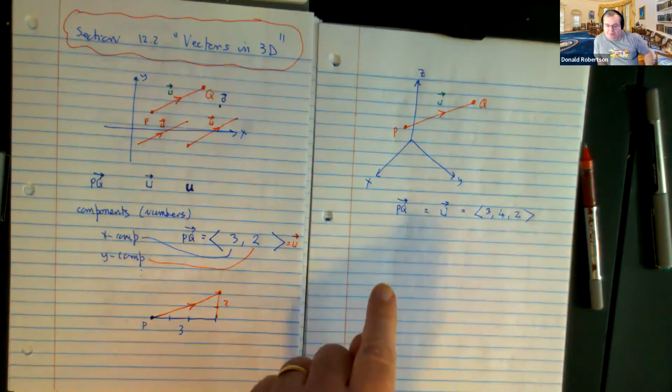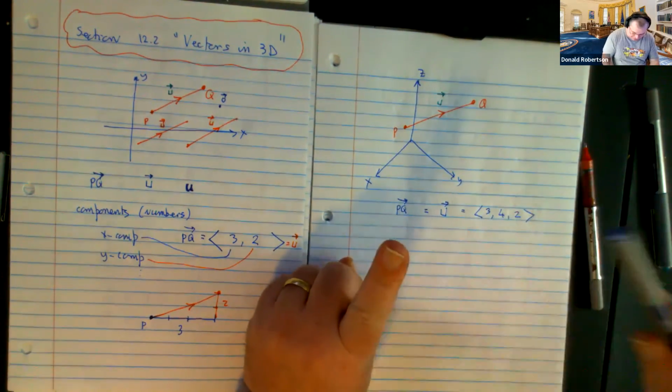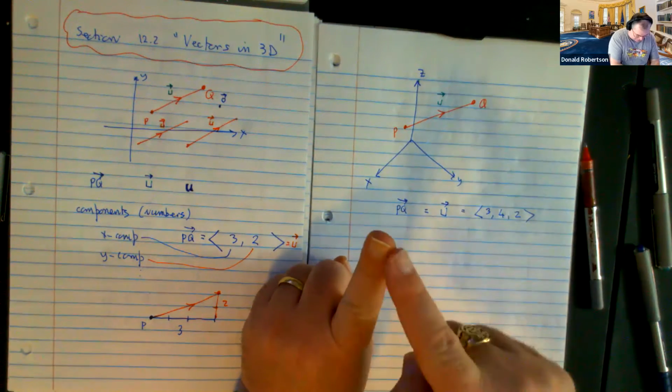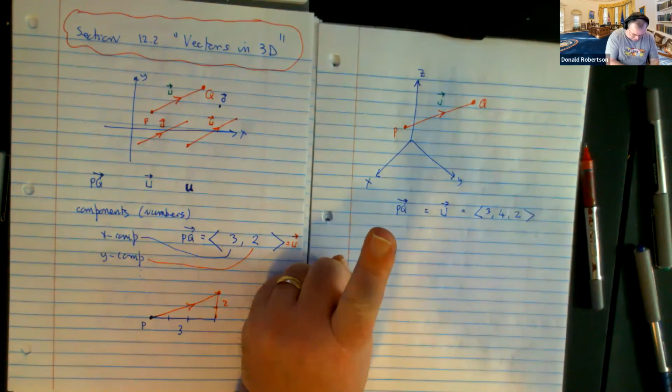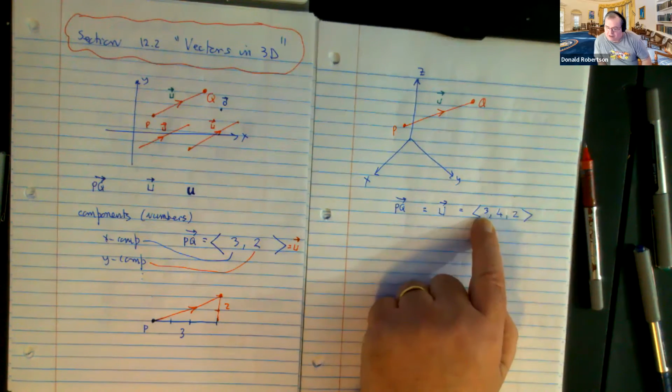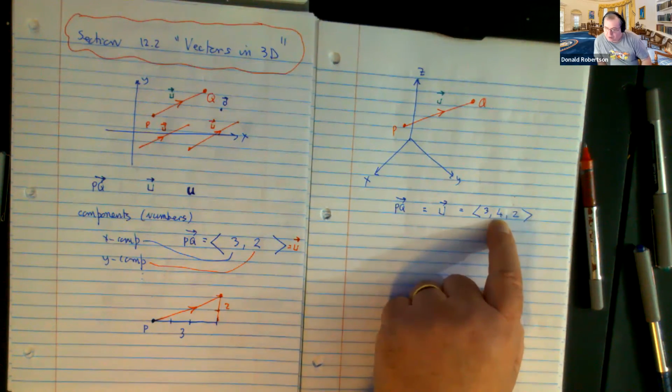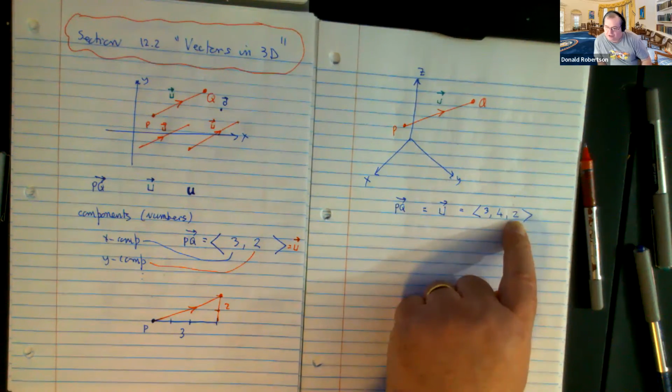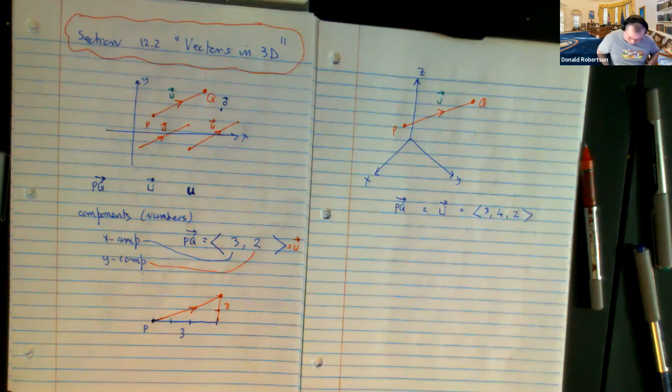So can you imagine picking a spot where my finger is, right? And then going 3 in the X, 4 in the Y, and then 2 up. And wouldn't it be traveling like this? Can you imagine picking a spot in 3D space, going 3 in the X direction, 4 in the Y direction, 2 in the Z direction, and that's where you finish.